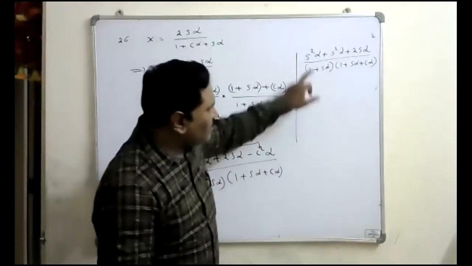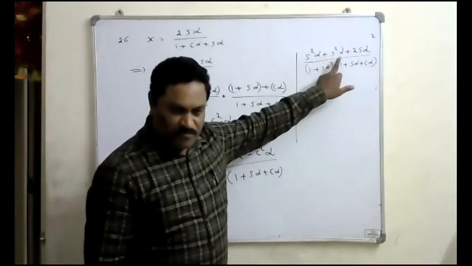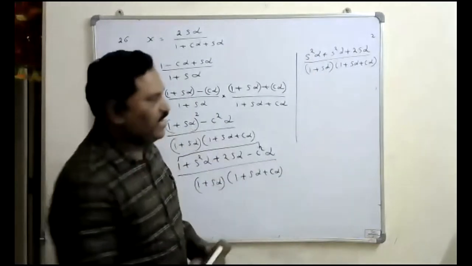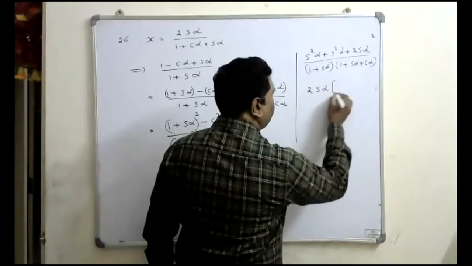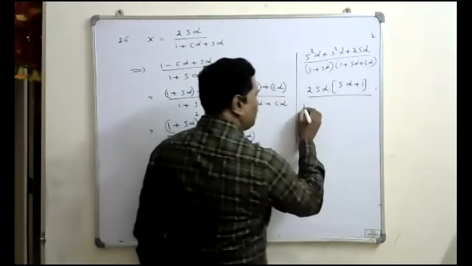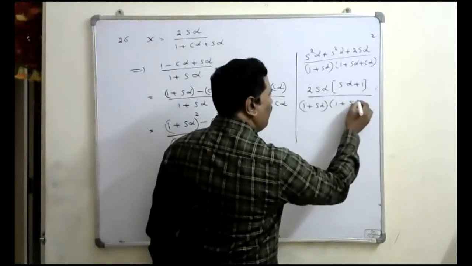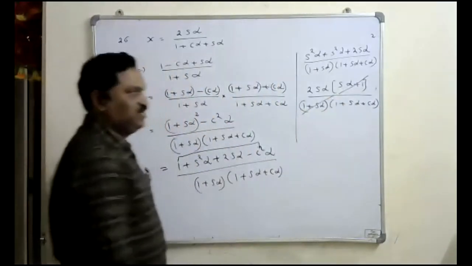Now the numerator is sin²α + sin²α, which is 2 sin²α + 2 sin α. From that I can take 2 sin α common. Then we have (sin α + 1) by (1 + sin α)(1 + sin α + cos α), where the 1 + sin α gets cancelled.